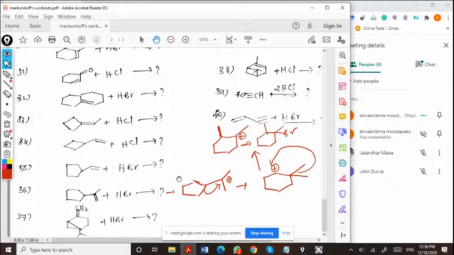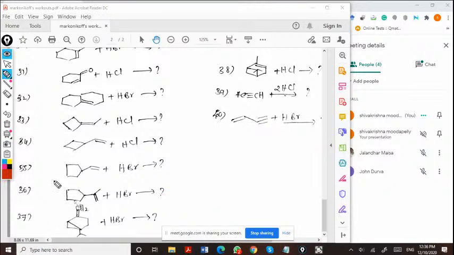Next one. Once H plus is added, this is the carbocation generated. So one methyl shift is going to happen because this is a strained ring. The 3-member ring is strained, so it's going to expand.